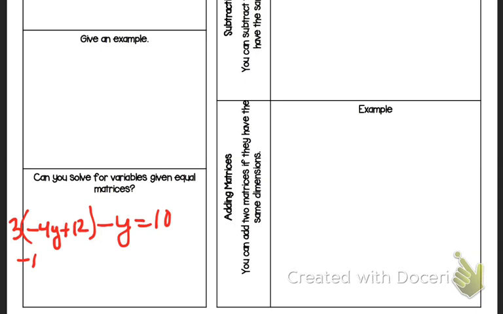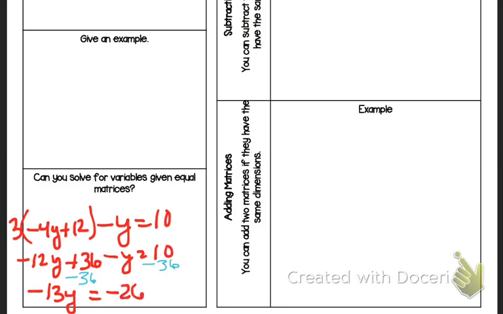Distribute your 3 through, we get negative 12y plus 36 minus y equals 10. Negative 12y minus y is negative 13y. I can move that 36 over by subtracting it. 10 minus 36 is negative 26. So then we divide by negative 13 and get y equals 2.